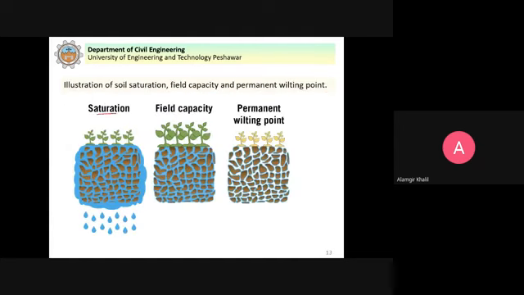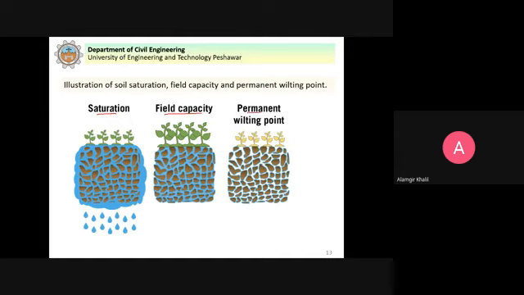So again, you can see here we have this situation. The water is drained by gravity. After the drainage or percolation, the water that is held against gravity is the field capacity.